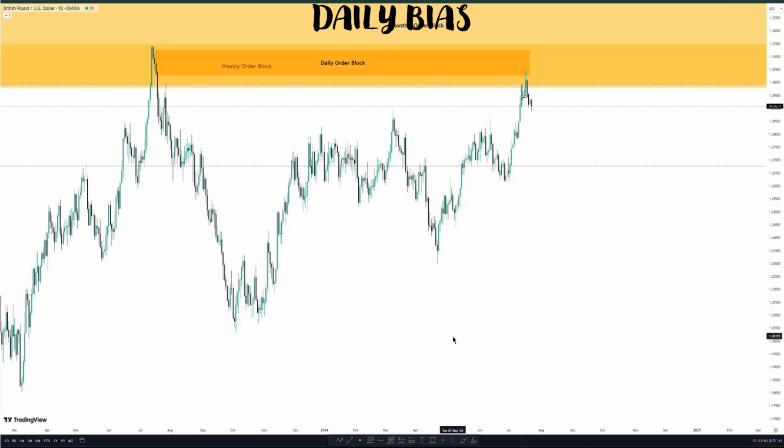So if the market is in a weekly order block, of course, you are projecting that the price will fall down. That's just a normal projection. At least you have some reasoning behind your trade entries.